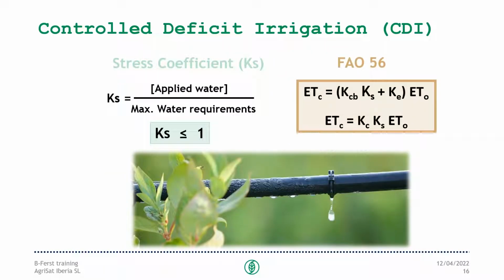We also offer in our service the possibility of estimating water requirements for controlled deficit irrigation. For example, in search of quality in high-value crops or for those farms that do not have large volumes of irrigation water.